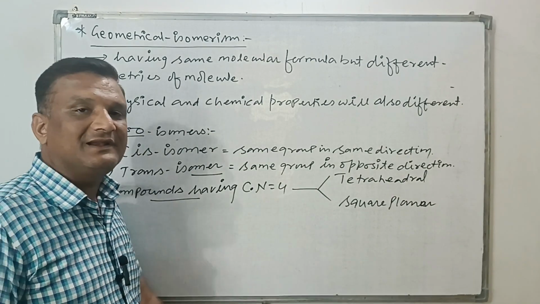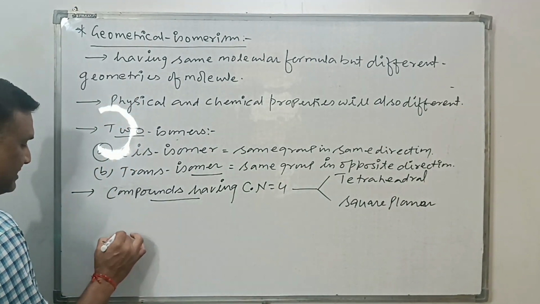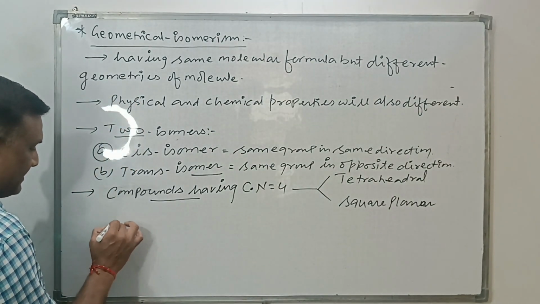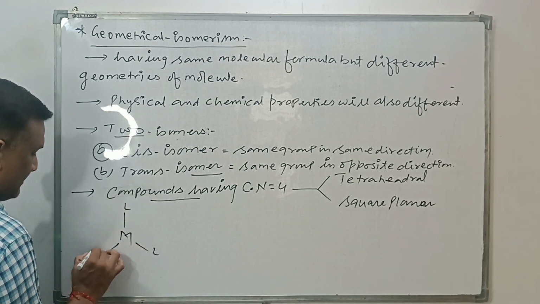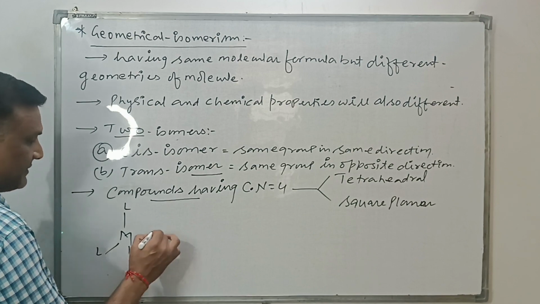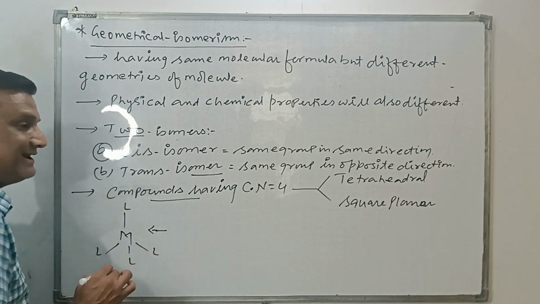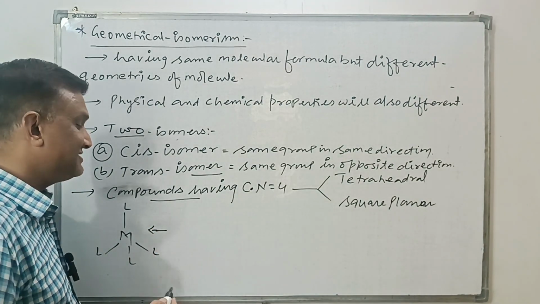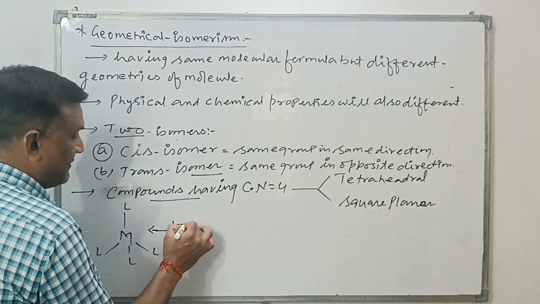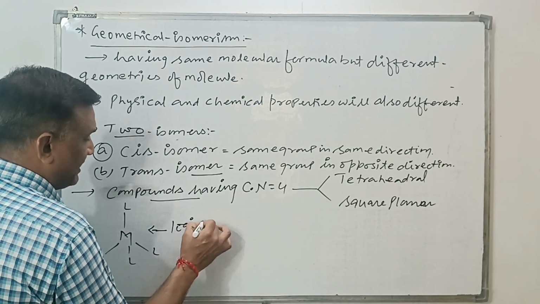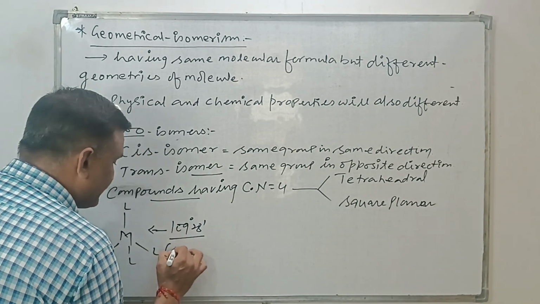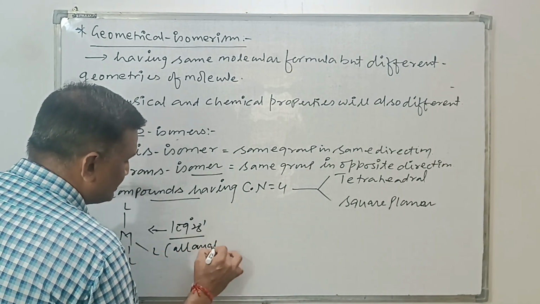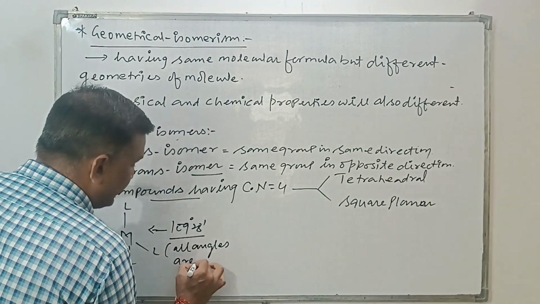This is the tetrahedral geometry, with M at the center and L ligands. In tetrahedral, all the positions are the same, with an angle of 109 degrees 28 minutes, which means all the angles are the same.